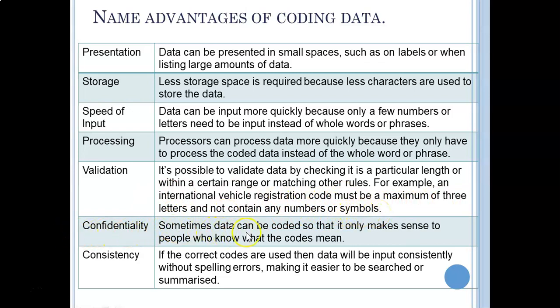Confidentiality: sometimes data can be coded so it only makes sense to people who know what the codes mean. The last one is consistency. If the correct codes are used, then data will be input consistently without spelling errors, making it easier to be searched or summarized. So these are advantages of coding data.